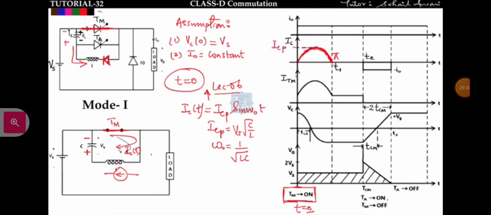Now tell me what is the voltage drop across the capacitor. Voltage drop across the capacitor Vc of t, I will get Vs cos omega naught t, meaning it will be a cosine wave.